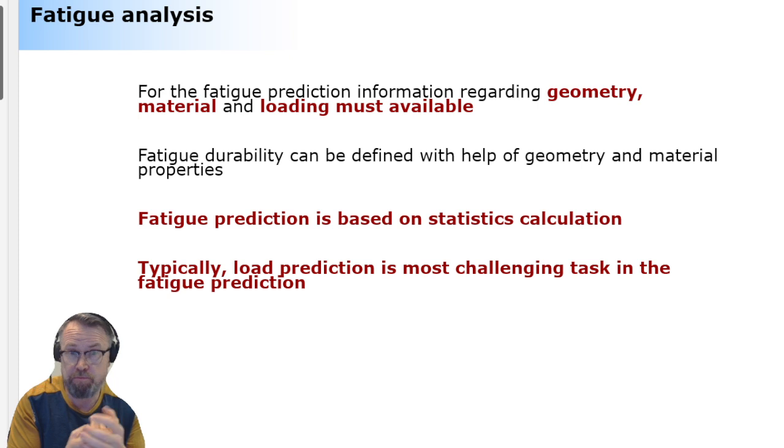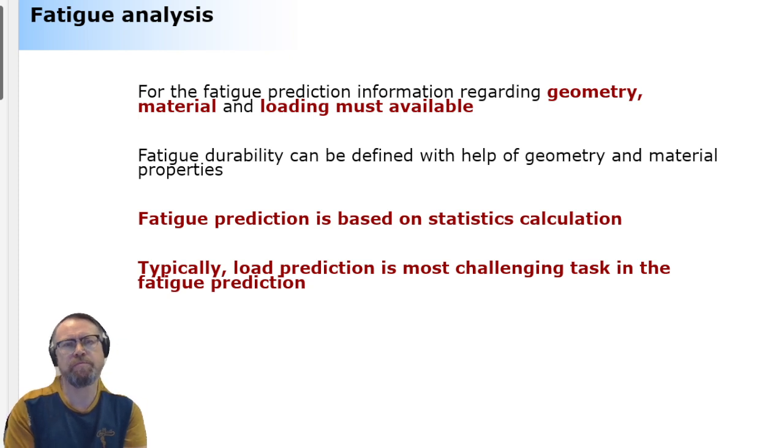Loading history is not easy to get. That's going to be hard for sure, because the accuracy of the entire procedure depends on these three things. But the material is not too complicated to get, as is the geometry. The loading is very, very difficult.